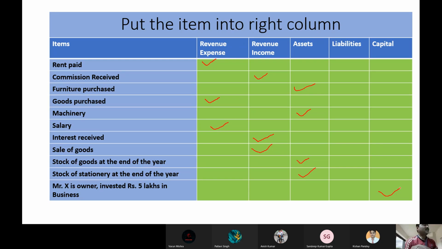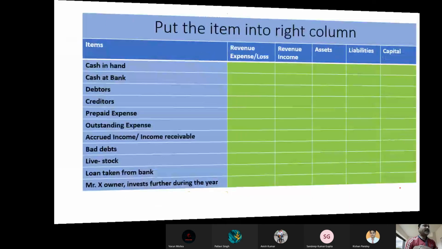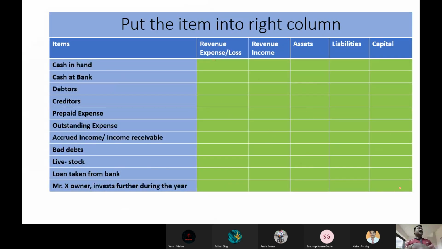You can take a screenshot of it. So students, this is the new slide. Put the item into the right column here. The columns are revenue expenses or loss, revenue income, assets, liability and capital again. Okay. So cash in hand.